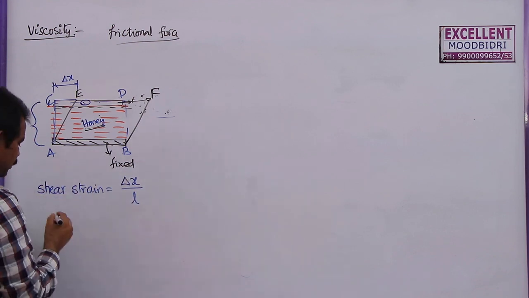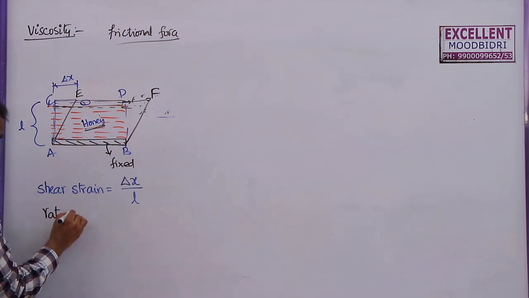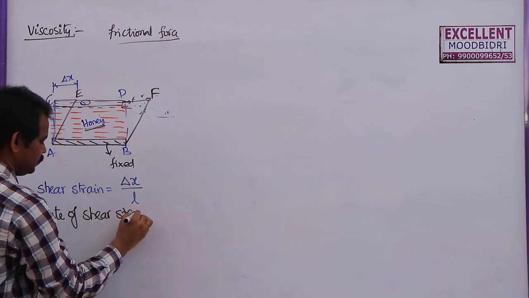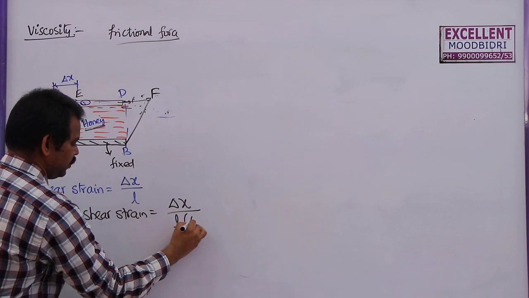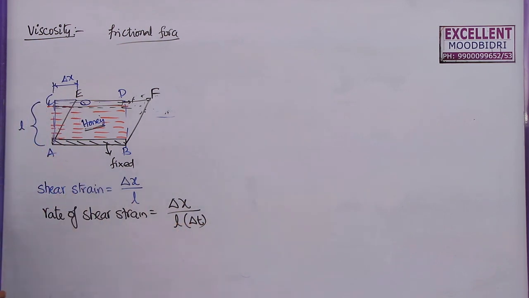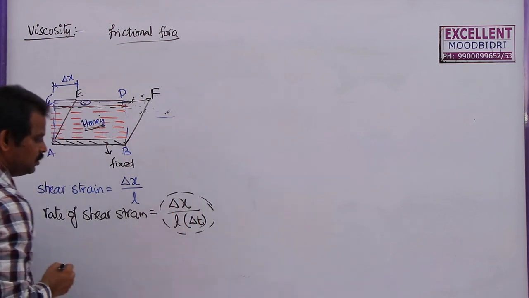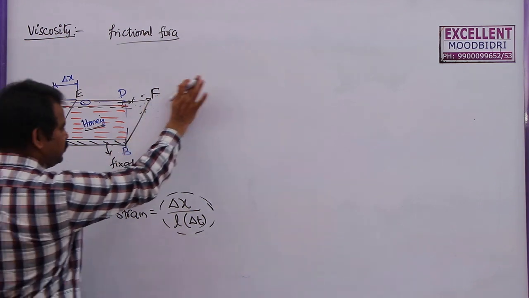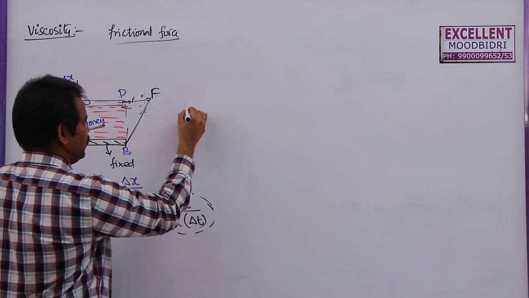It is found that the rate of shear strain, that is delta x by L into delta t, is called the rate of shear strain. This quantity is directly proportional to the shear force or tangential force acting on it. According to Hooke's law, stress is directly proportional to strain.